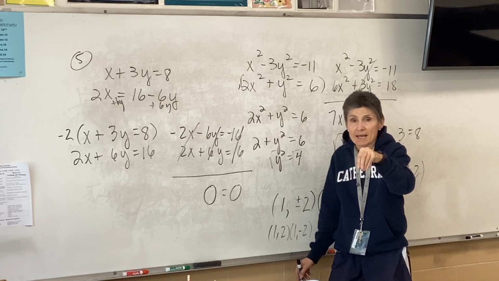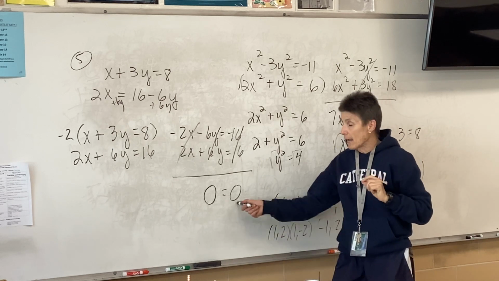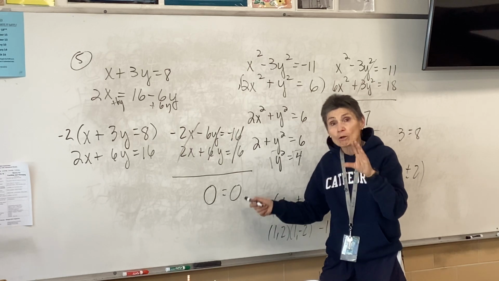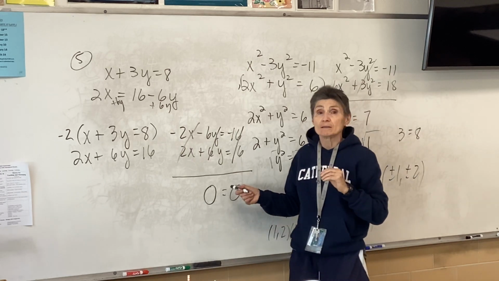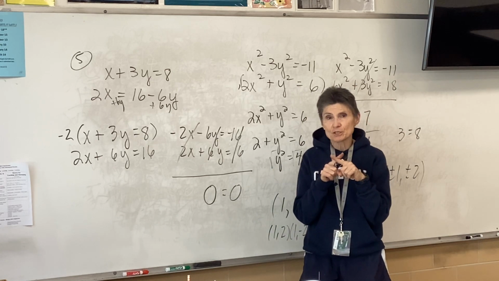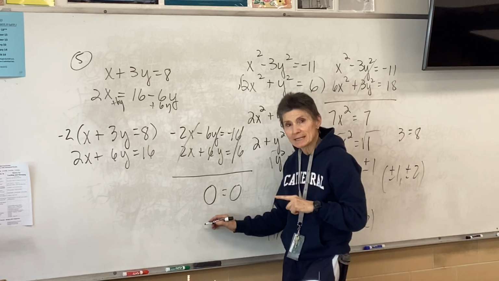Please do not say all real numbers. I will mark it wrong if you say all real numbers. We are looking for where these lines intersect each other. They intersect each other in infinitely many points.